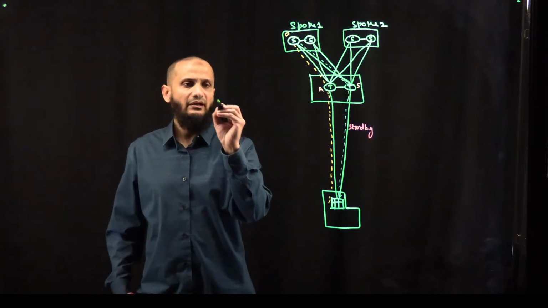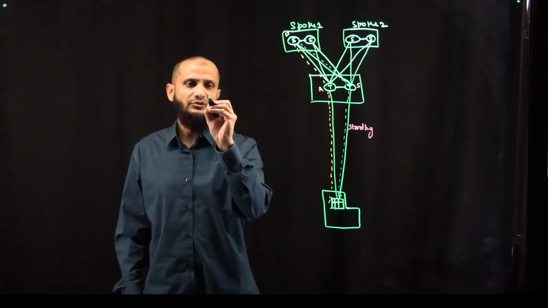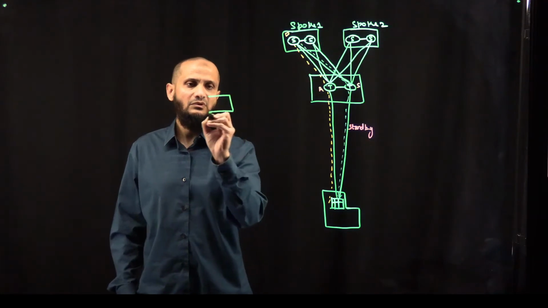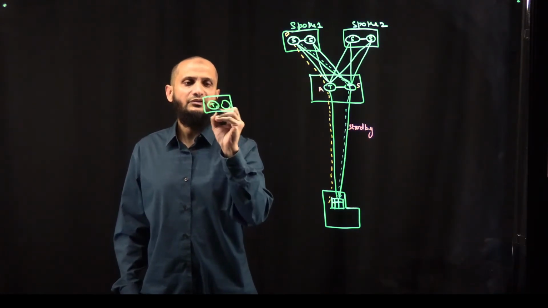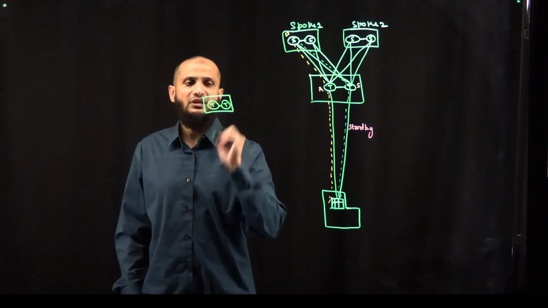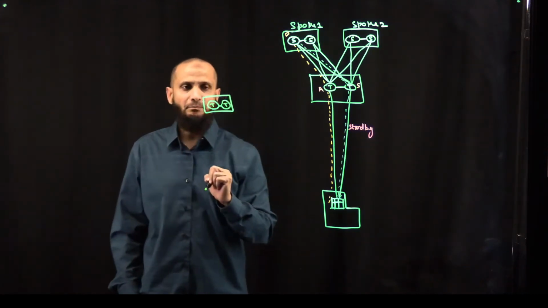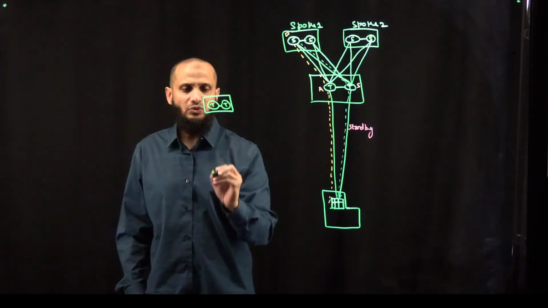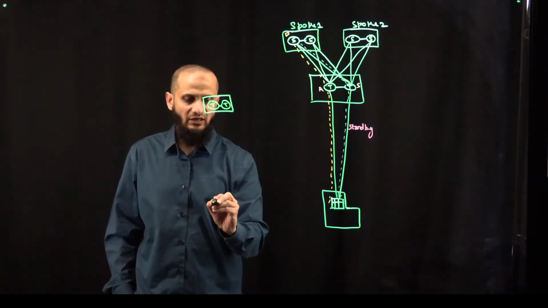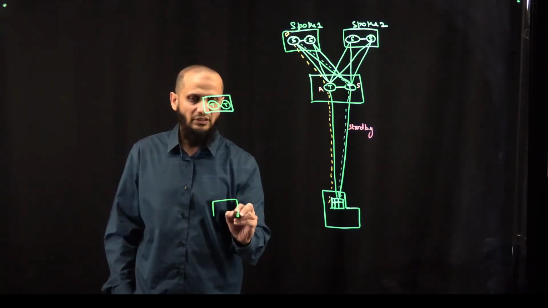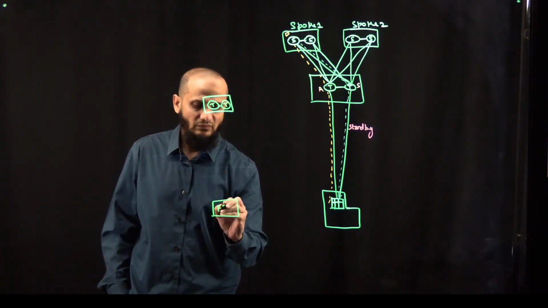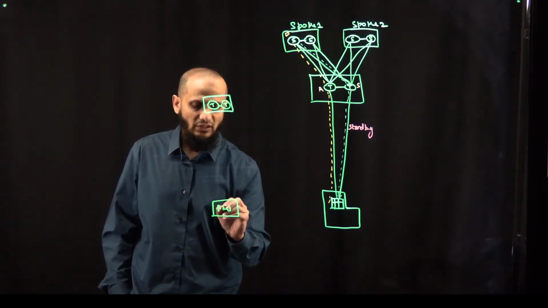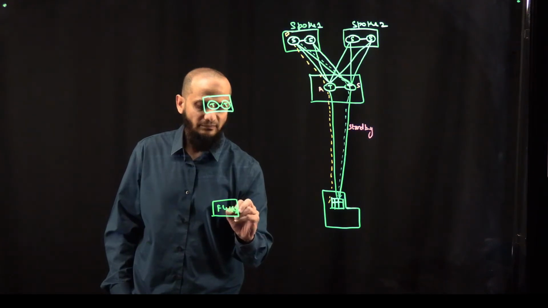So if I'm going to just draw the transit here. You have transit primary, transit HA, a connection between them. And then you have an on-prem environment where there is your active firewall. Let's say this one is your active firewall.